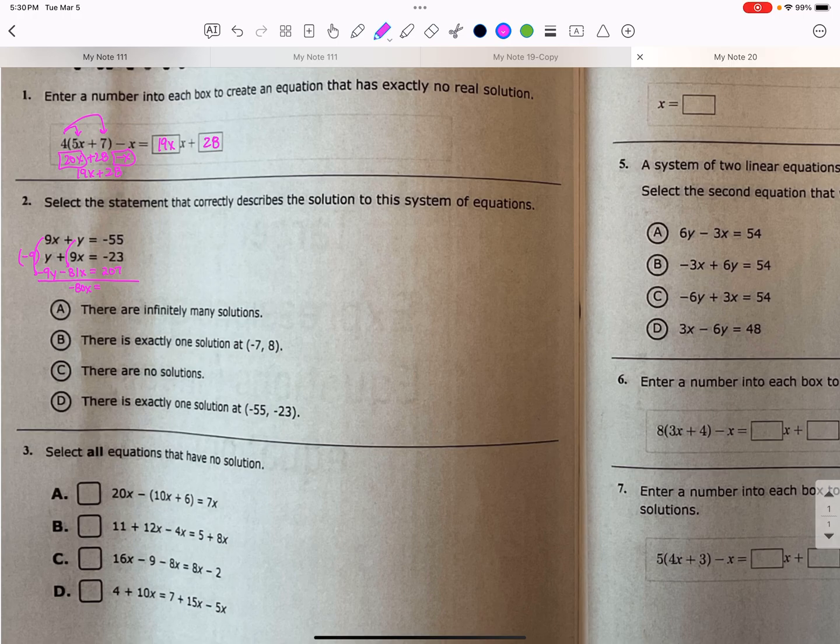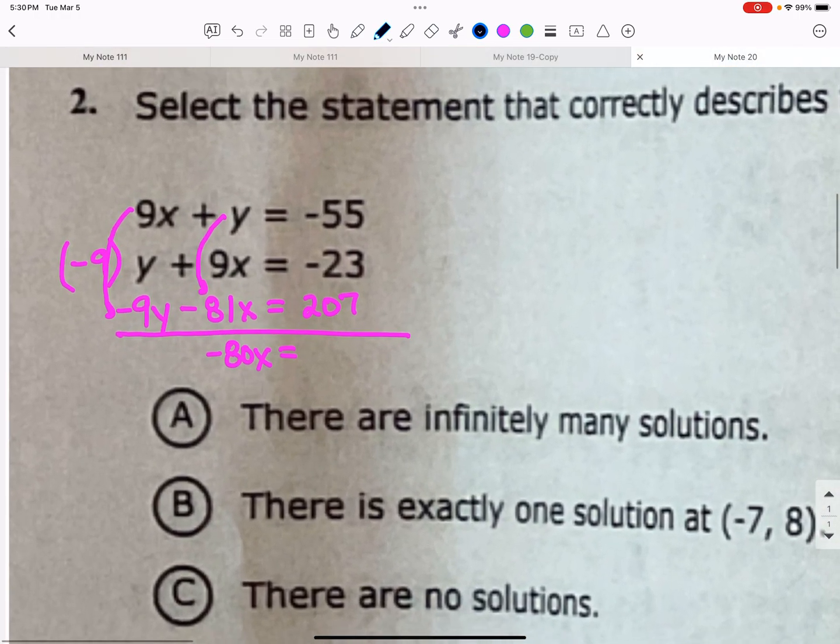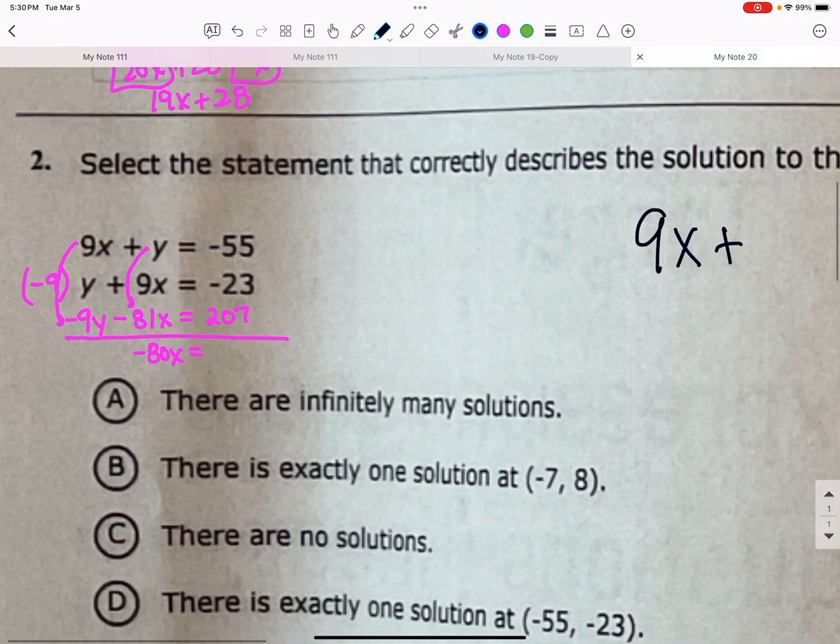Huh. Why does this seem wrong to me? 9x plus, oh, that's why. Gee, I'm an idiot. Okay, this problem even got me.